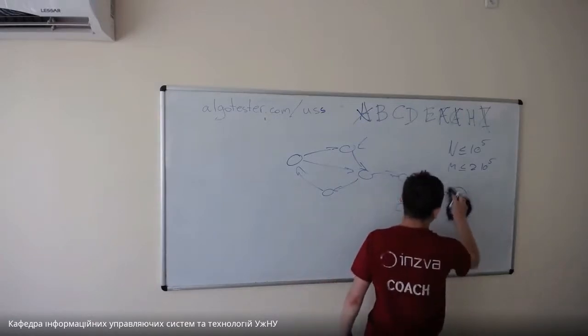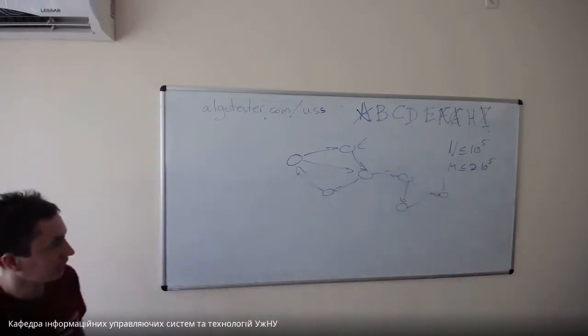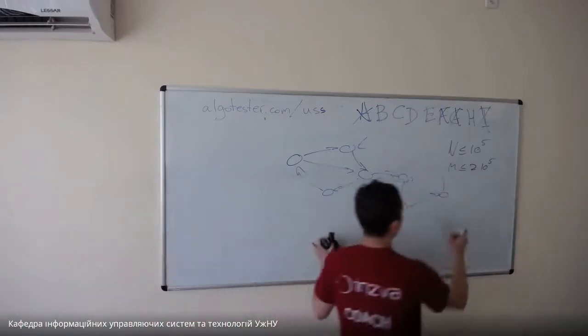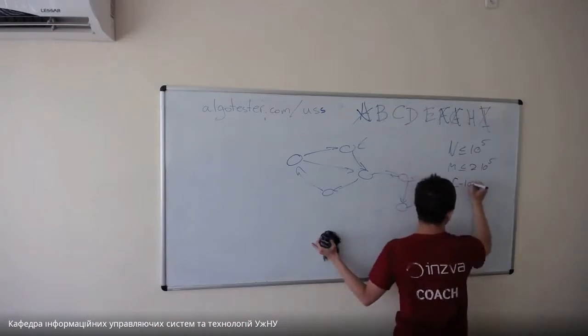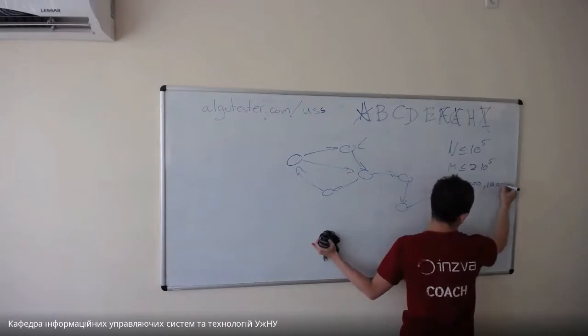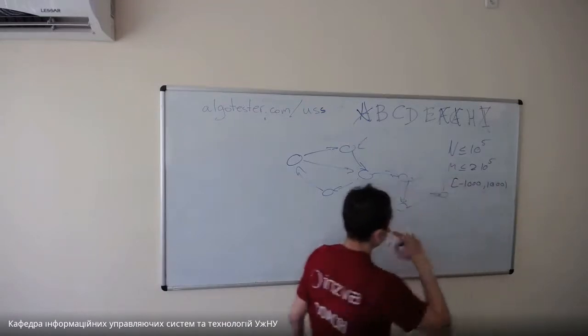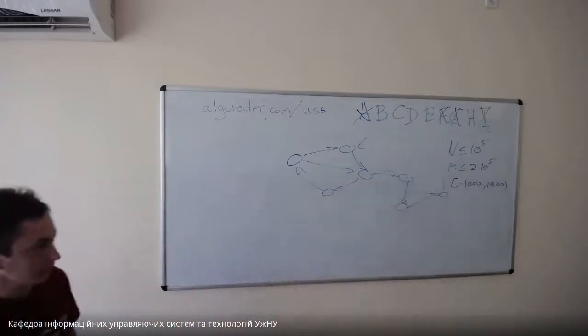And what we had to do is to assign weights to all the edges. Weights should have been in range from -1000 to +1000, except 0. So the weight of edges could not have been 0.